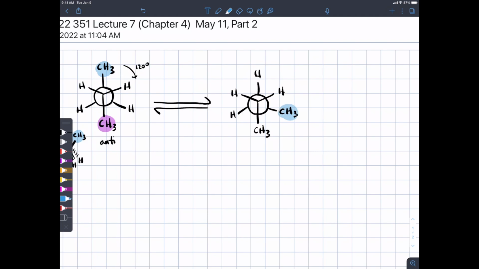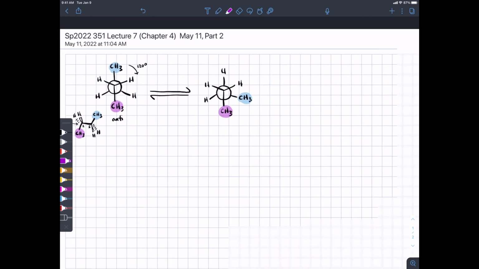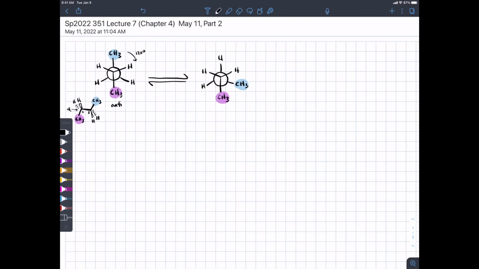And we could ask, what's the equilibrium constant between the two? We'll call this the gauche 1 conformation, because there's going to be another one.